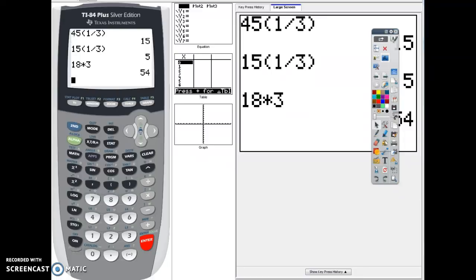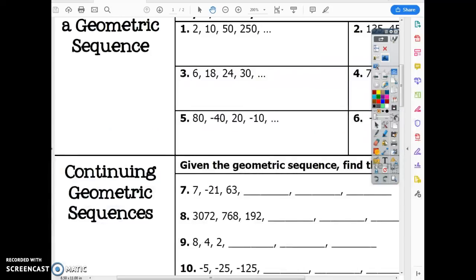So what does that tell you? Not that it's wrong, that it's what? It's not a geometric sequence. Okay, so we would put no, and it doesn't have a ratio. I mean, if it would have continued with the same pattern, then the ratio would have been 3.